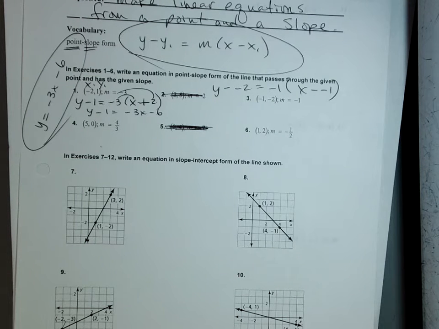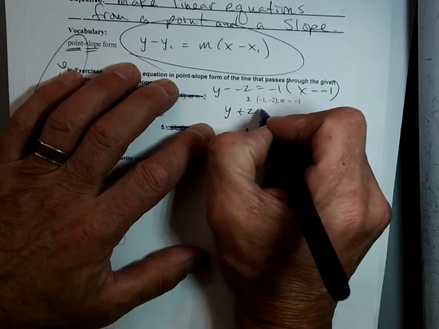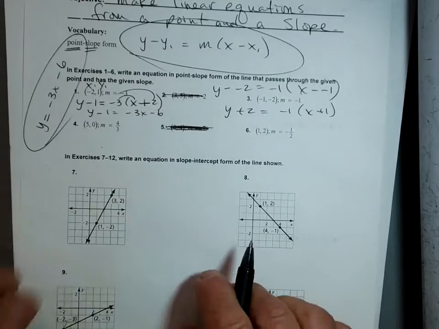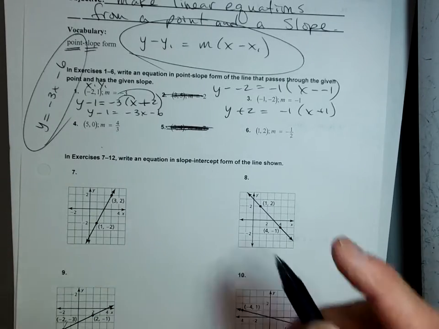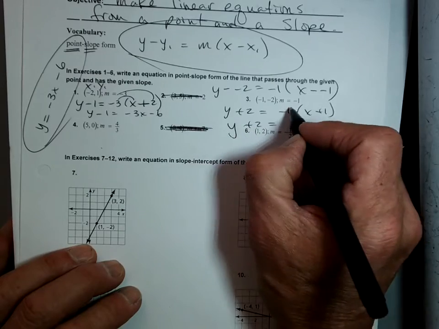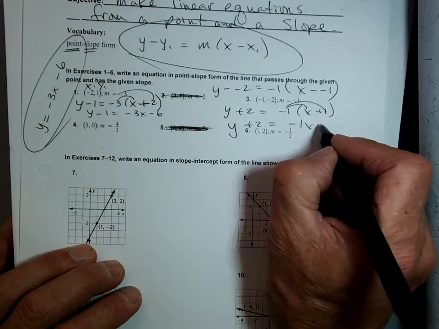That's correct, but it should be tight. Let's tidy it up a little bit. So I'll have y plus 2 equals negative 1 times x plus 1, right? And then y plus 2 equals, and I'll distribute that times that times that, negative 1x minus 1.